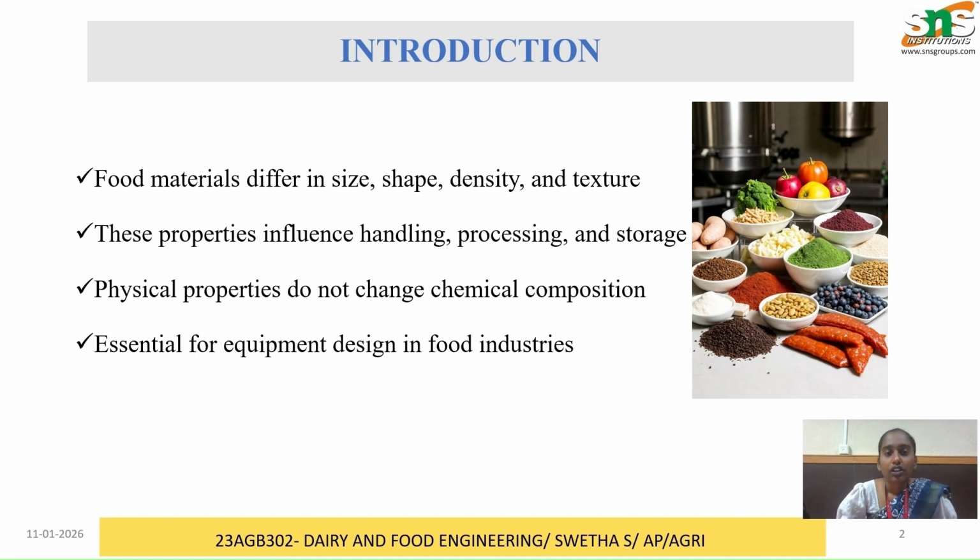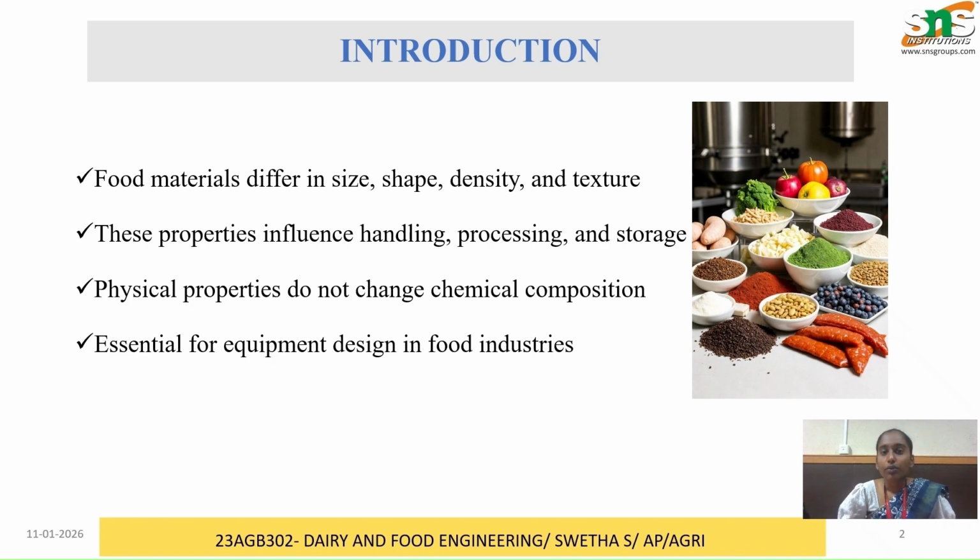Let me introduce what physical properties are. Physical properties are nothing but size, shape, density, structure, quality, quantity, etc., which define the food particles. They influence various factors, like how we handle the food materials, and processing and storage factors.